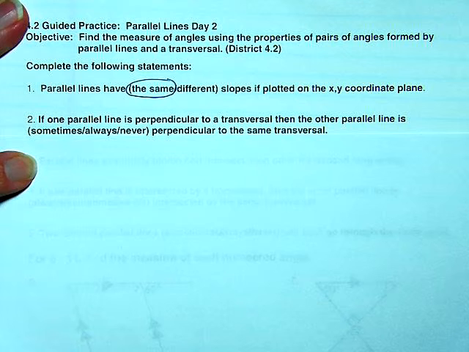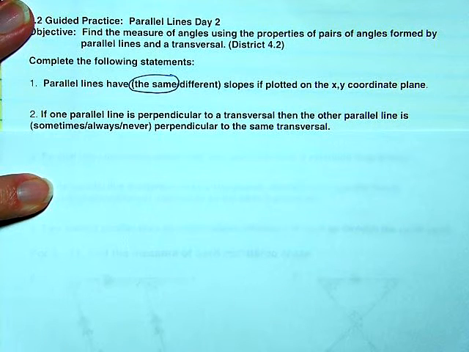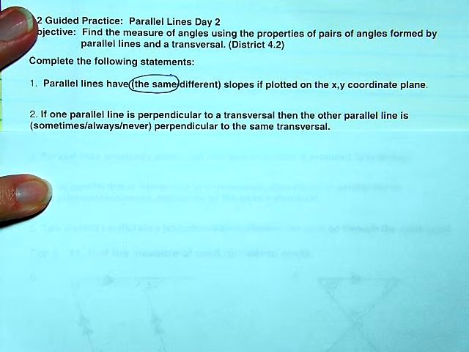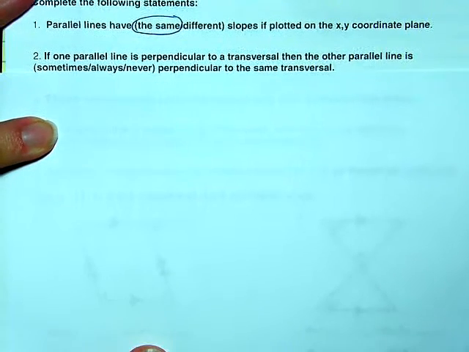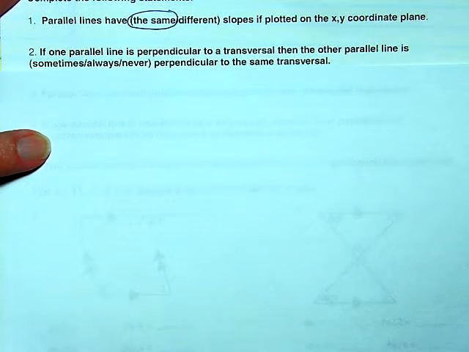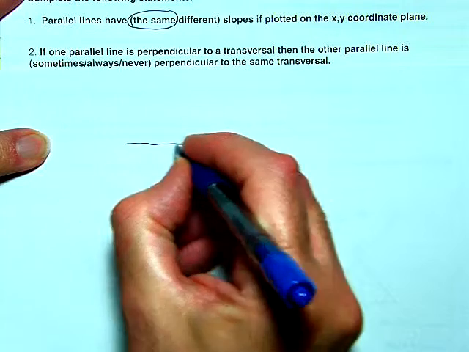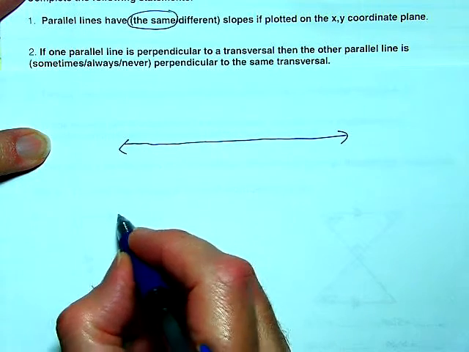If one parallel line is perpendicular to a transversal, then the other parallel line is sometimes, always, or never perpendicular to the same transversal. Well, let's draw a picture and see if we can figure out the answer. So we have one line, and then we have another line that is parallel to that line.